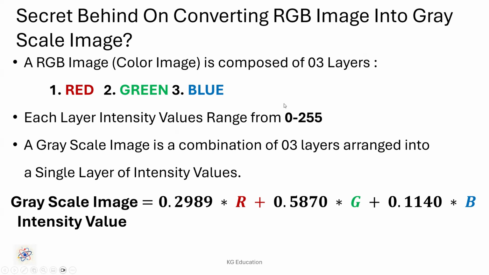However, since our task is to convert these three-layer contributions into a single layer to obtain the grayscale image, we have to identify the relationship or the contributions of each of the RGB layers.